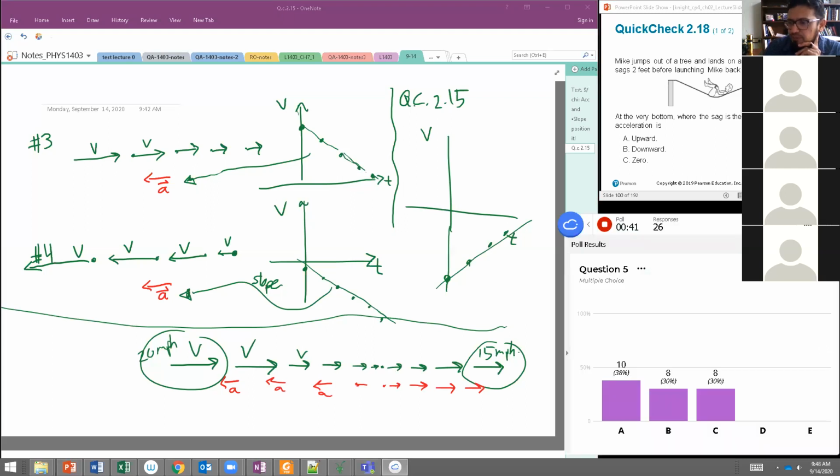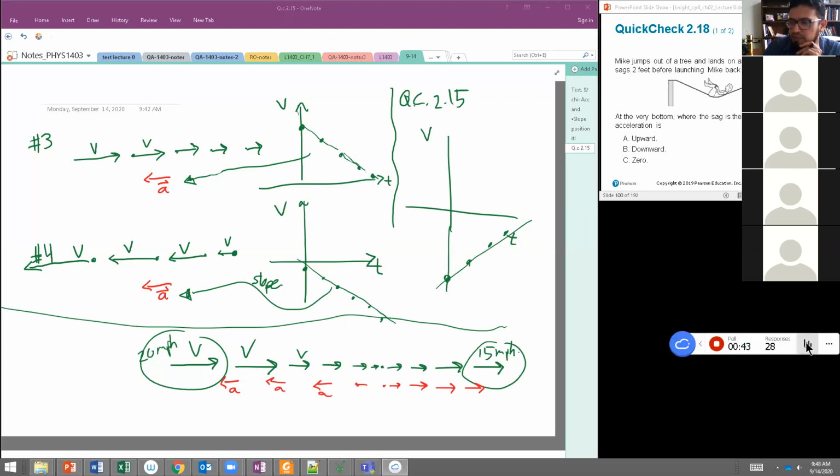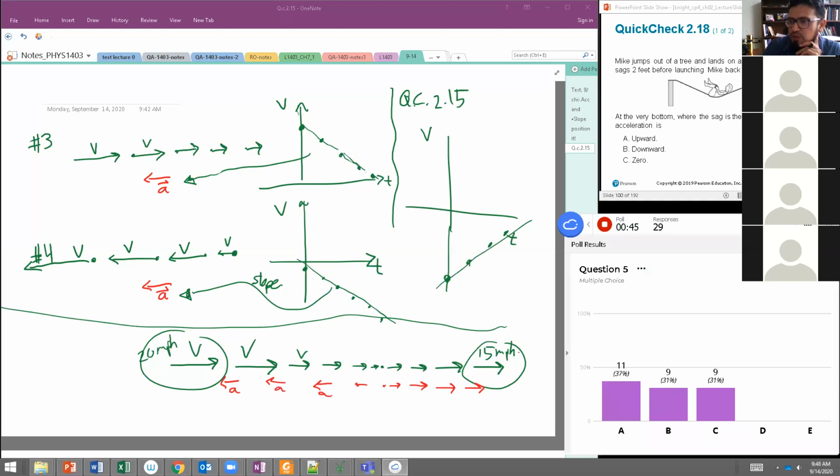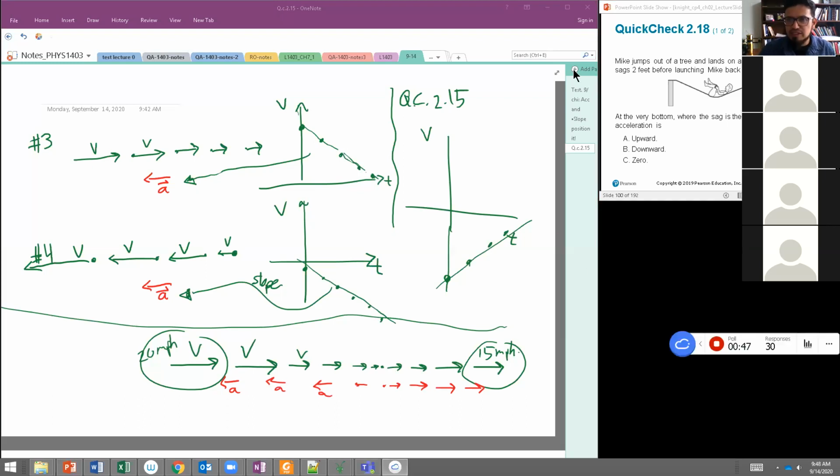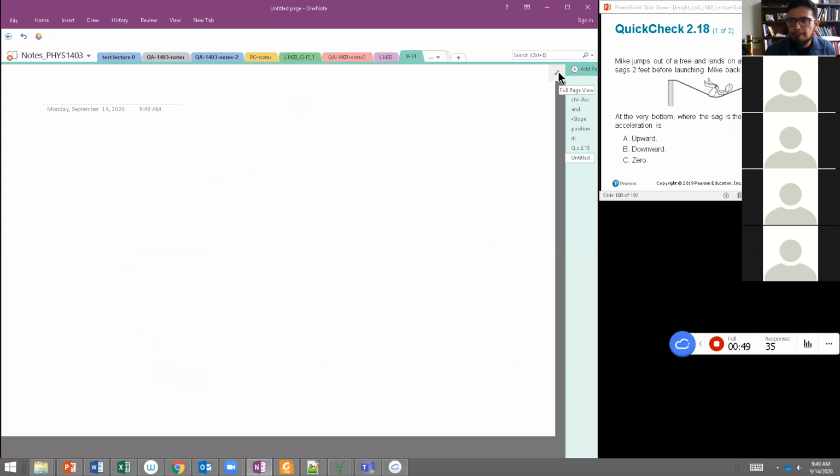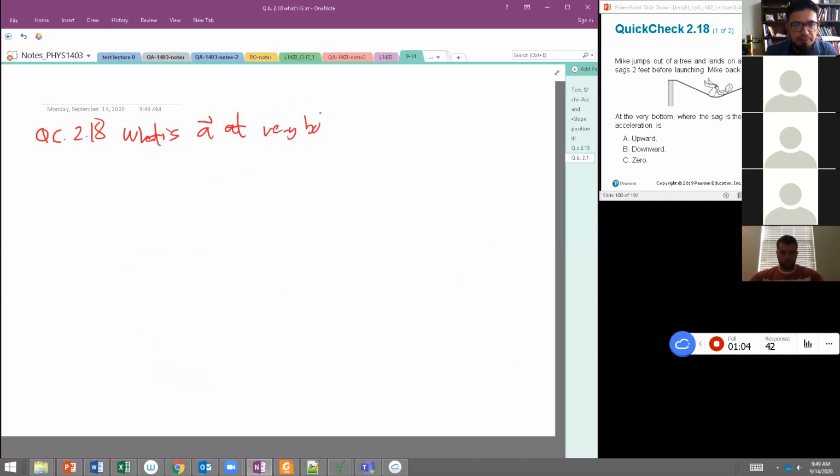So I like it when everybody is matching answers. So what is going to happen? Let's look at this step by step. They want to know what is the acceleration at the bottom. All right, so for quick check 2.18, we know what is the acceleration at the very bottom.